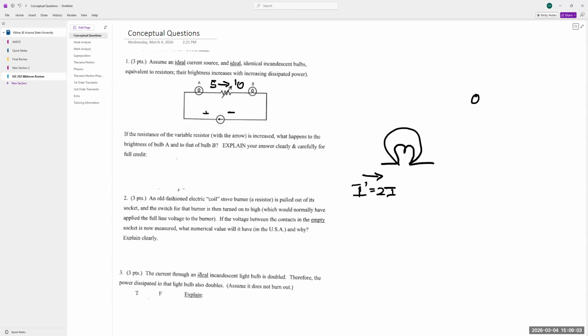So originally, the power dissipated would be I squared R. The resistance of the bulb does not change with the current flowing through the bulb.